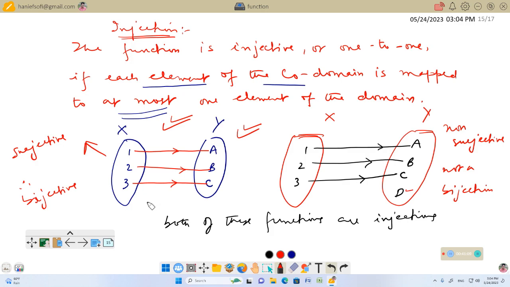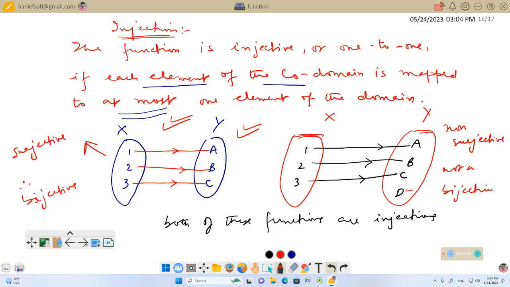But if it is a single valued function, it is not necessarily a bijection, right? For example, this is a single valued function. For each value of y, there is a single value of x, but it is not a bijection because there is a member d in the codomain which is not connected, right?